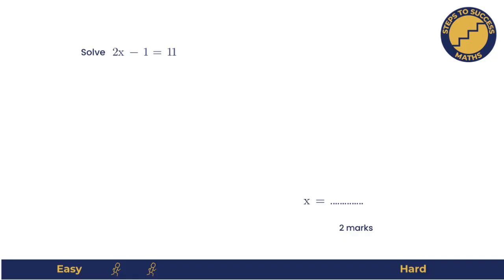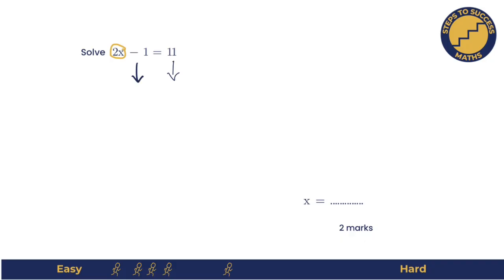Solve 2x minus 1 equals 11. This one looks a little bit different because we've got 2x at the start. x isn't by itself. So the first step is to circle the 2x. It's all wrapped up together at the moment, and get rid of whatever's with it. Here we've got take away 1, so the opposite is add 1, and add 1 is going to be our step.